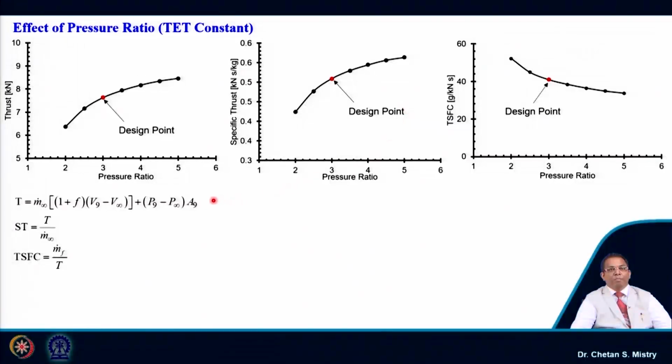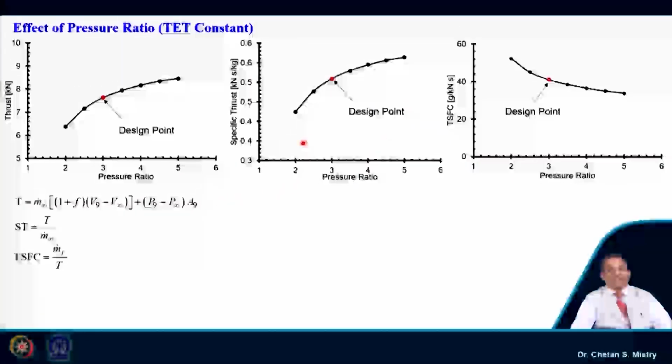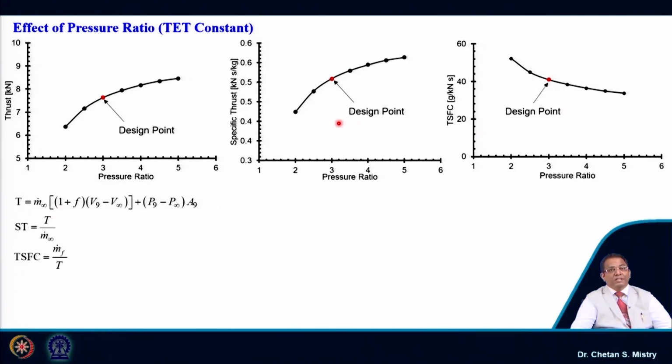My thrust is increasing with my pressure ratio. Since I am keeping my turbine entry temperature constant, that will change the fuel requirement, and that is the reason why we have the reduction of thrust specific fuel consumption with the increase of my pressure ratio when I am considering my turbine entry temperature to be constant.